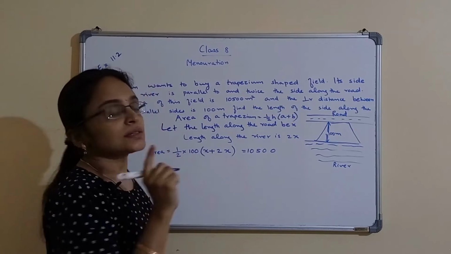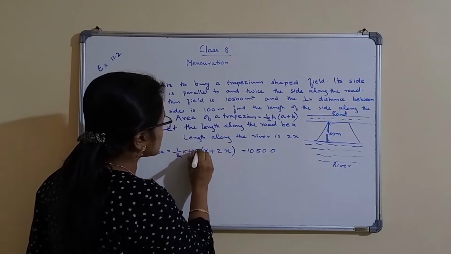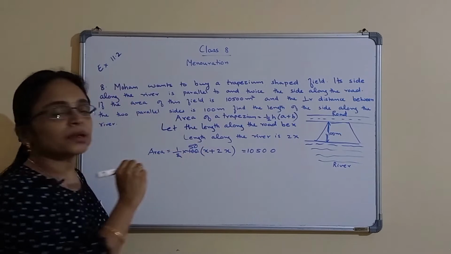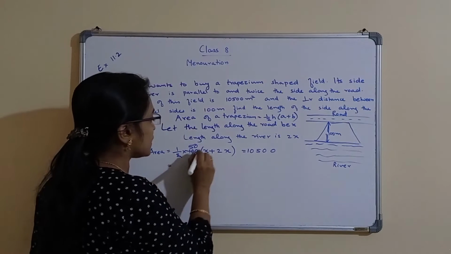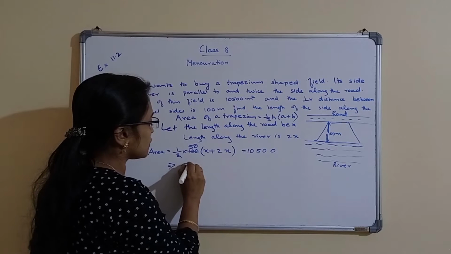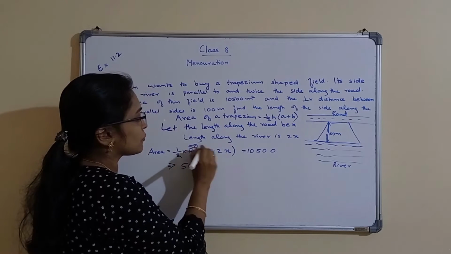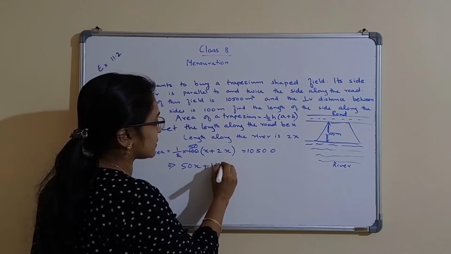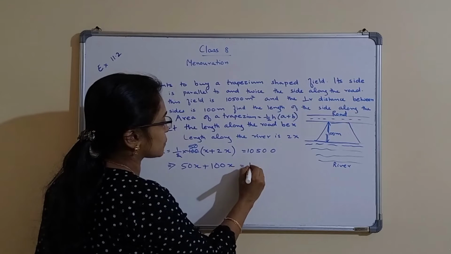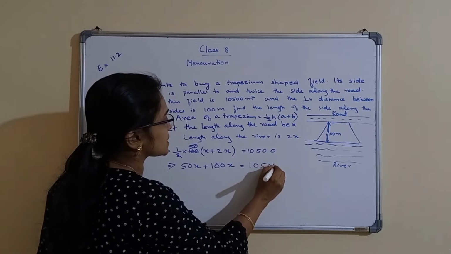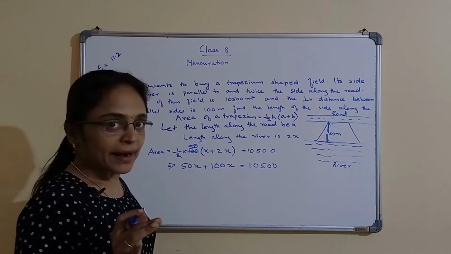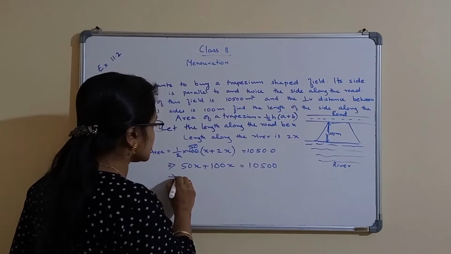Okay, understood? So this is 50. 100 by 2 is 50, and when we multiply this, 50x plus 50 into 2x, that is 100x, is equal to 10500.